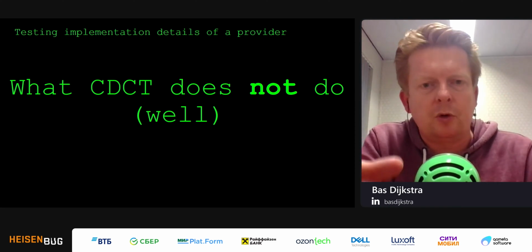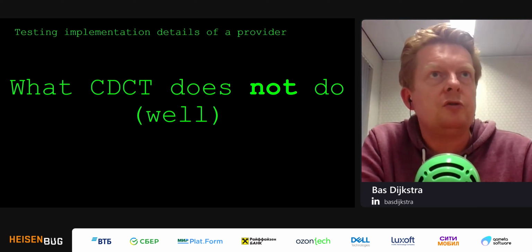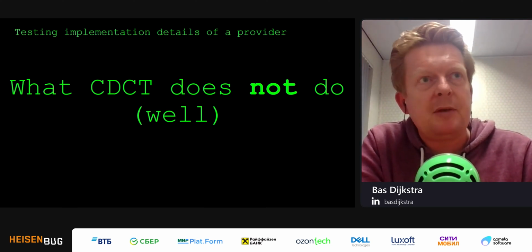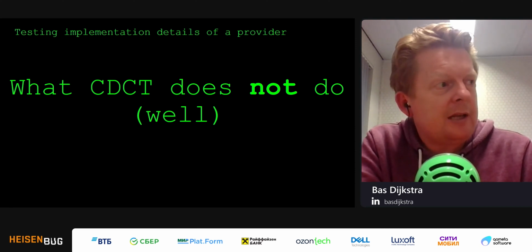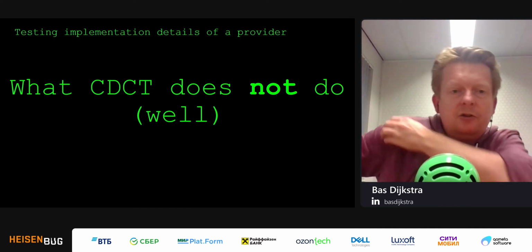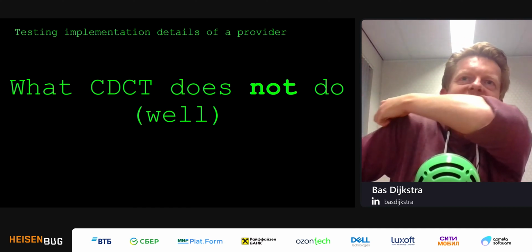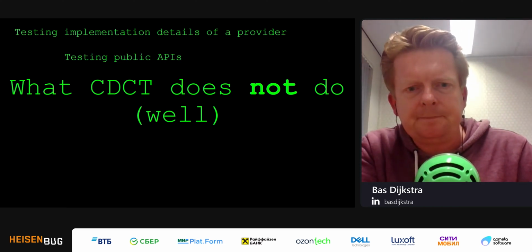Consumer-driven contract testing is not the right technique for this. You should just use an API client like Postman, or a library like Rest Assured or Requests for Python, or whatever you want to use to write tests that verify the implementation of the provider itself.